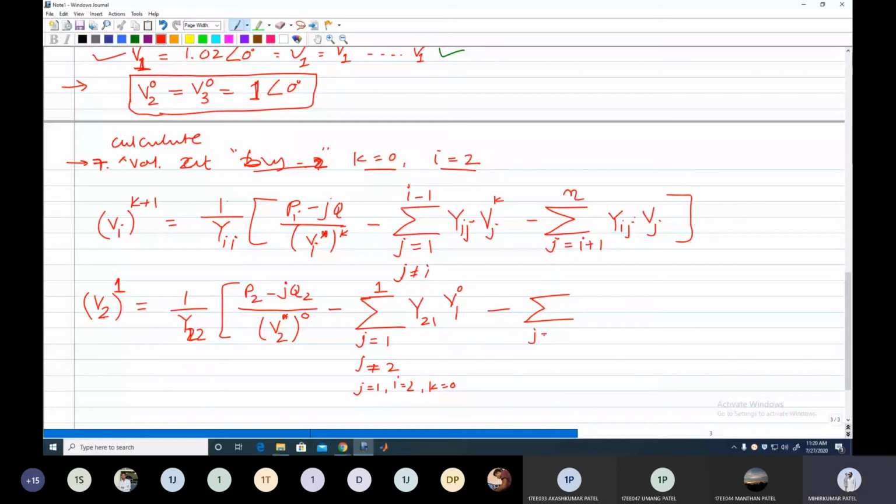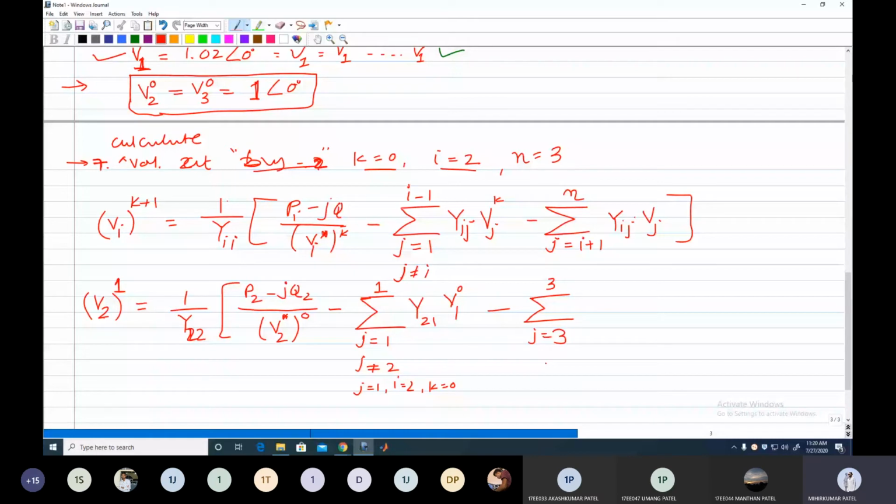So it is 3, and up to n, where n shows the total number of buses in your network. For this case, what is the value of n? 3. Yes, good. So j is equal to 3 to 3.